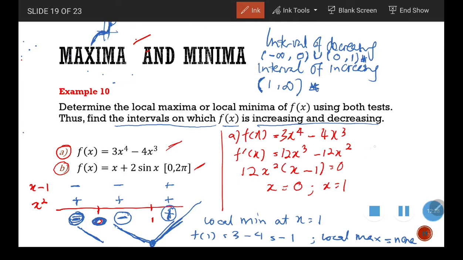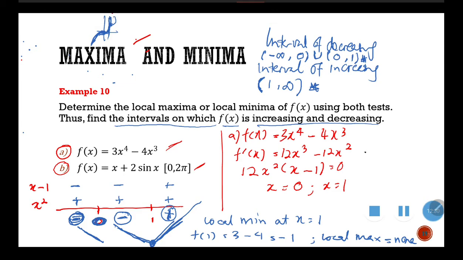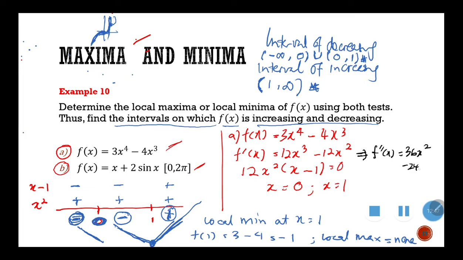So for second test, if you want to use second test, maksudnya we differentiate again from f prime x to get f double prime x. So maknanya kat sini kita akan dapat apa? 12x cubed, we differentiate, we get 36x square minus 24x.